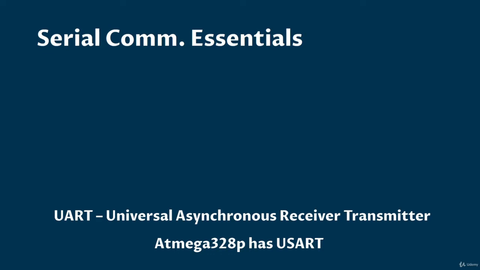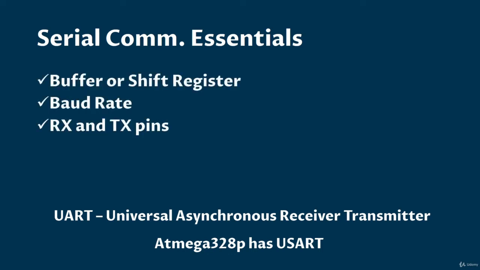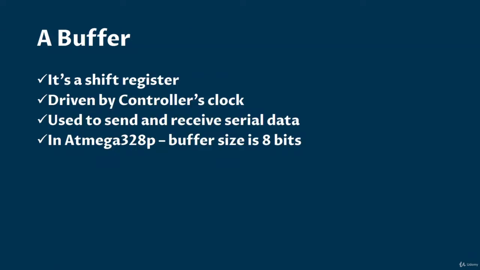That means it supports both synchronous and asynchronous. Moreover, UART brings these 3 things, and you should know the concepts. The first one is a shift register. It is there inside the Atmega 328P controller.